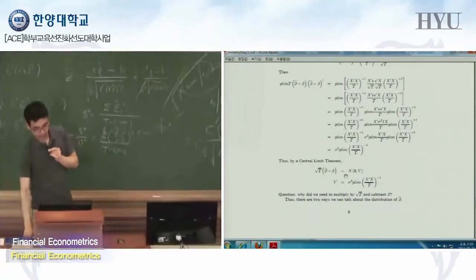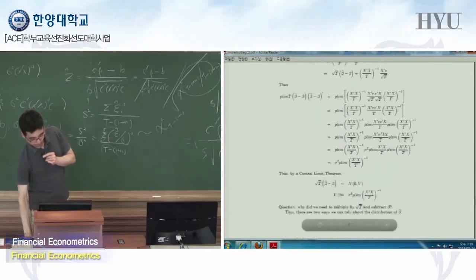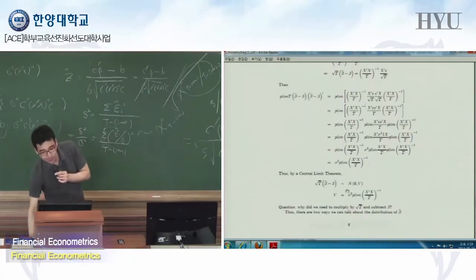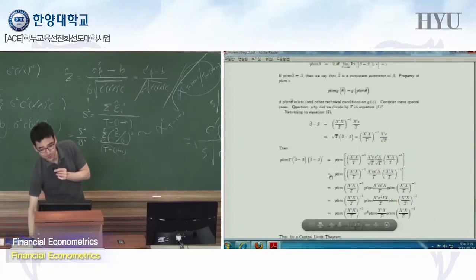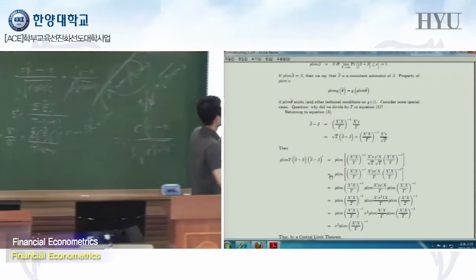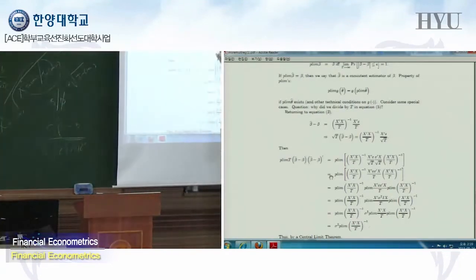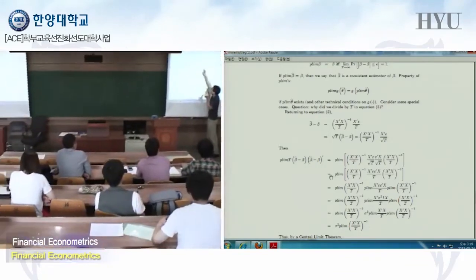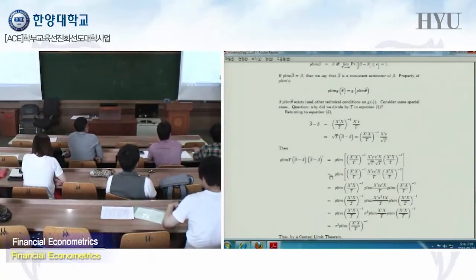So anyway, that's the property. Let me be more clear. Beta hat minus beta looks like an average, because beta hat minus beta is something stable, and this one is divided by t. So this is similar to some sort of average, and we know this one looks like this.